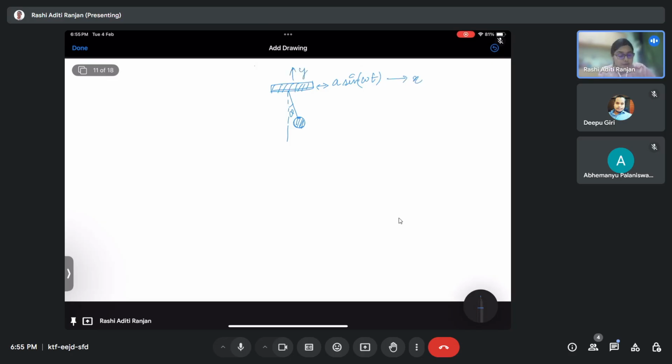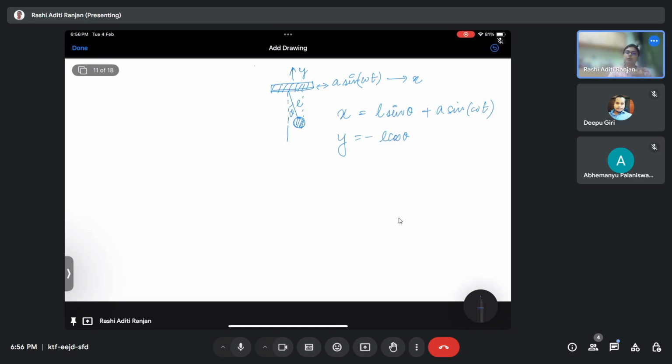If I write my displacement in the x direction, see this, this is L. So I can take the component, which is L sine theta. So I'll have x as L sine theta plus A sine omega t, and y as minus L cos theta. So these are the positions.